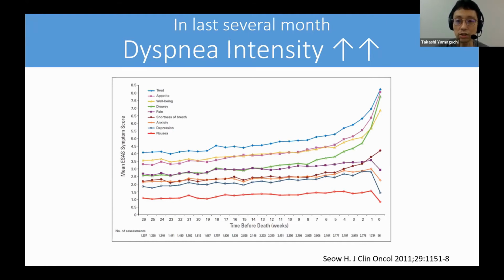According to this data, the intensity of dyspnea also increases. This line is dyspnea, and it increases in intensity during the last few weeks of life. So dyspnea increases in both prevalence and intensity towards the end of life of cancer patients.